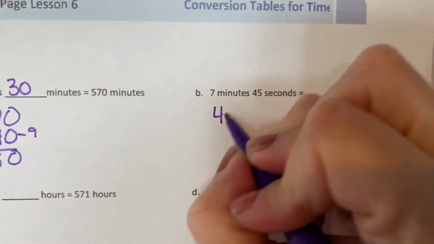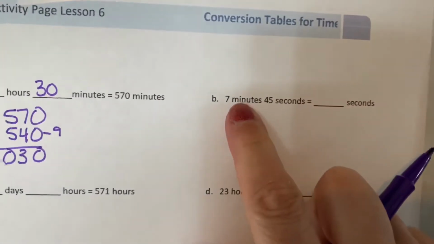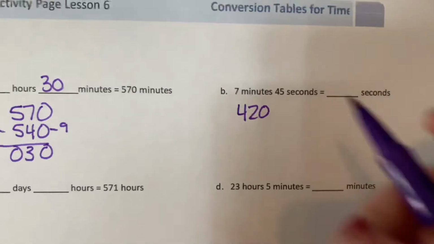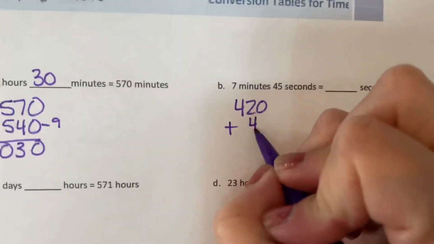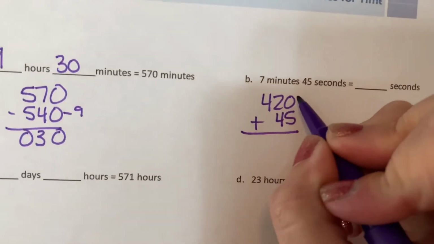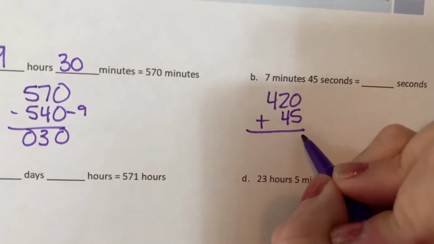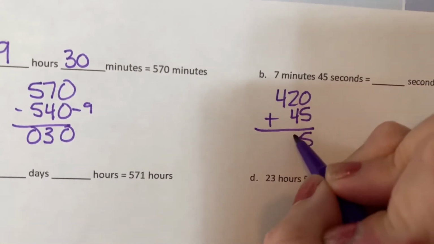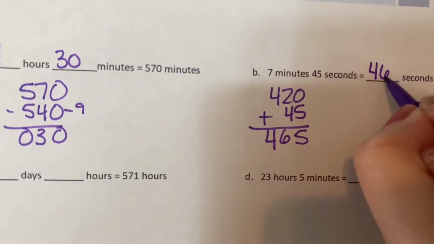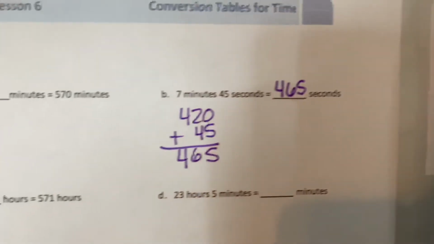So I have 420, that represents my 7 minutes, and I'm going to add those 45 seconds. So plus 45 seconds. And I know that 0 plus 5 is 5. 2 plus 4 is 6. Bring down the 4. So I have 465 seconds.